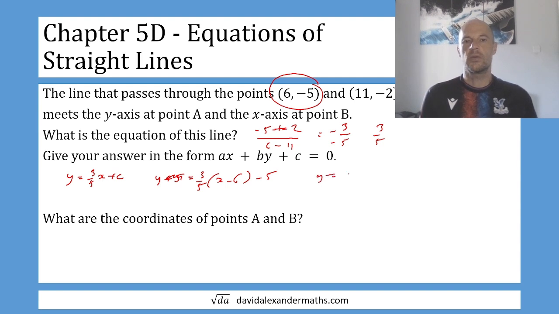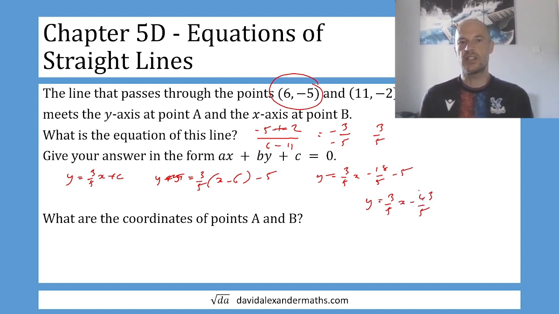So y equals 3/5 x minus 18 over 5 take away 5. And what is minus 18/5 minus 5? That is minus 43 over 5. So y equals 3/5 of x minus 43 over 5.